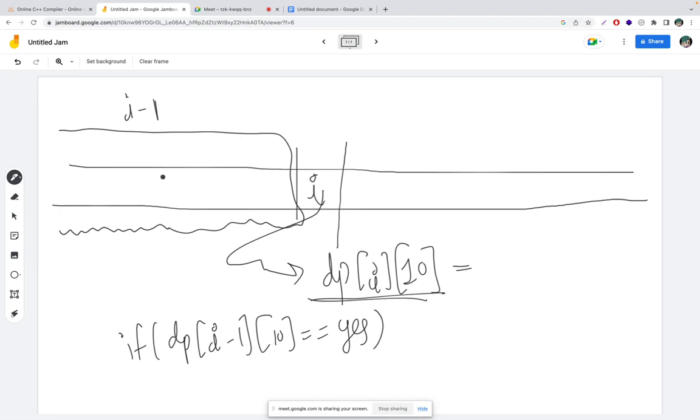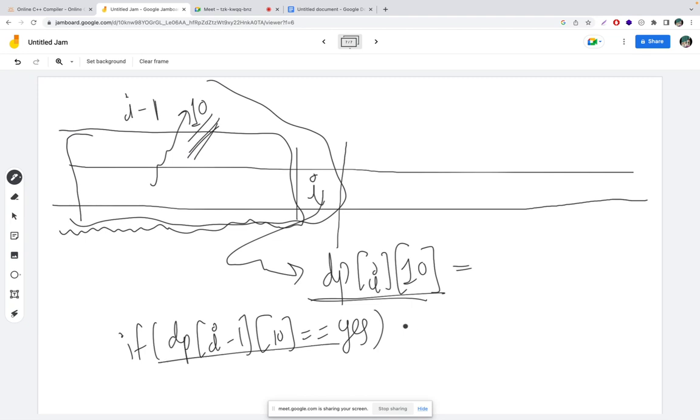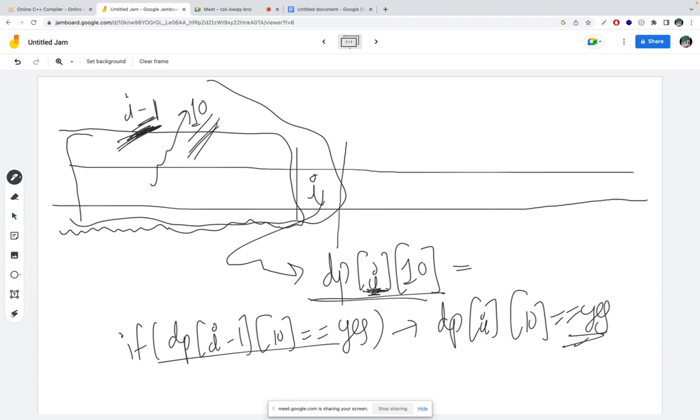It means that you have a sum of 10 in this much part, yes or no? So if you have a sum of 10 in this much part, then obviously if you include the I, then also you will have a sum of 10, yes or no? So if DP of I minus 1 of 10 is yes, then DP of I of 10 is also yes. So, guys, is this much clear what I am trying to say? Can you see, guys, how are we using the previously calculated value and giving the answer of I? We are using the I minus 1 value to give the answer of I. Yes or no, guys? Yes or no, Raj?